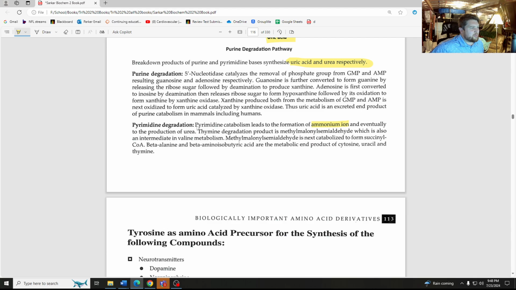There's kind of a bunch of extra stuff in here. And that product is catabolized to form succinyl-CoA. Beta-alanine and beta-aminoisobutyric acid are the metabolic end products of cytosine, uracil, and thymine. I feel like this will probably have one question on it.